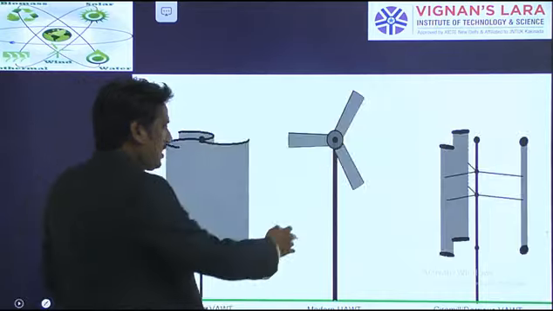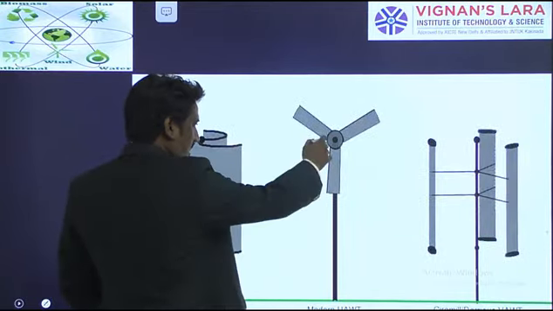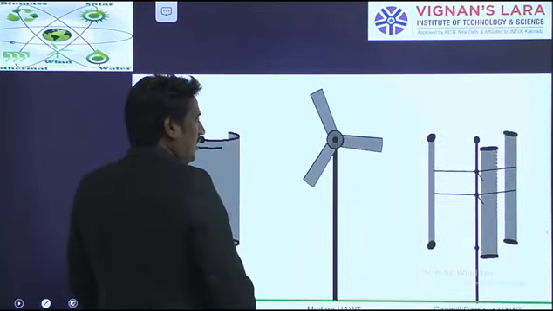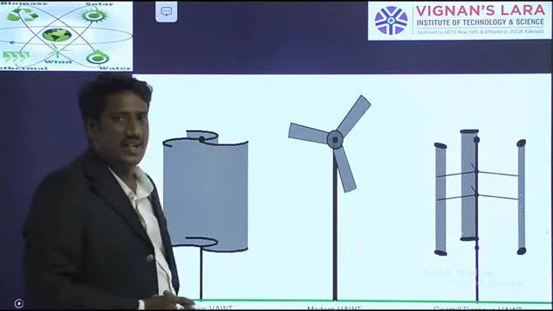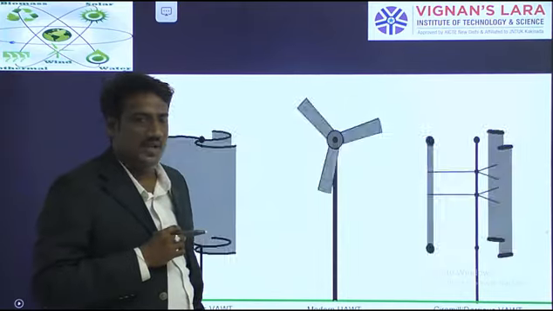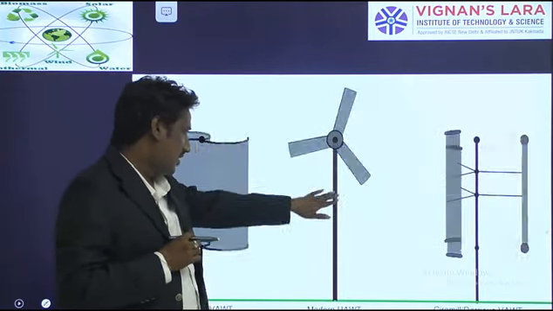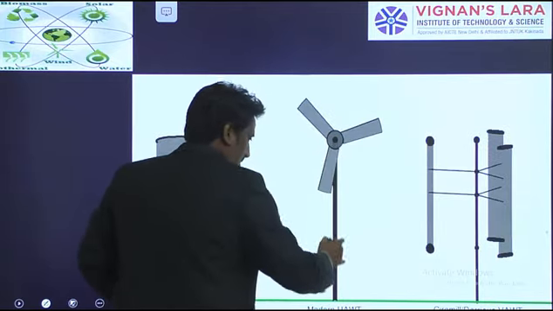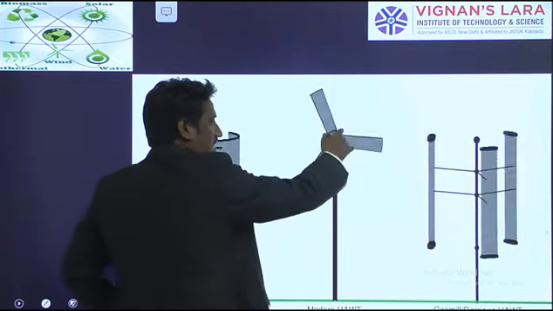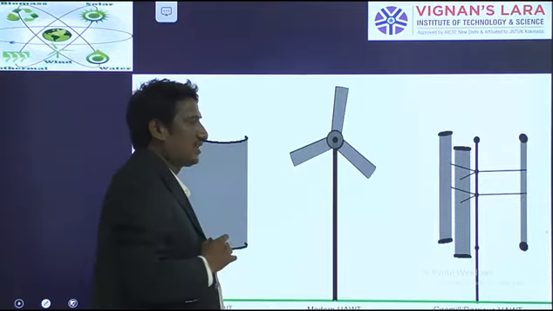This is a horizontal axis turbine. All the shaft, generator and everything will be placed on top of this supporting system. The fans and everything will be placed on the top.